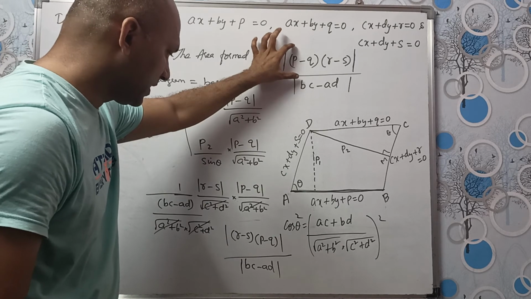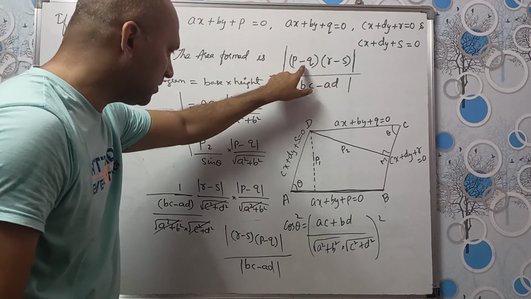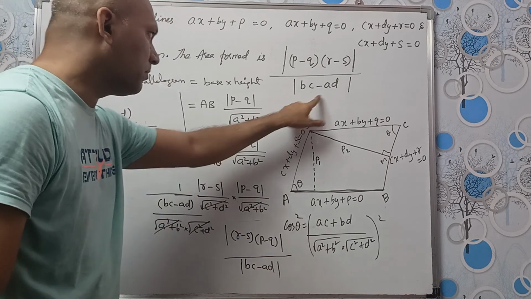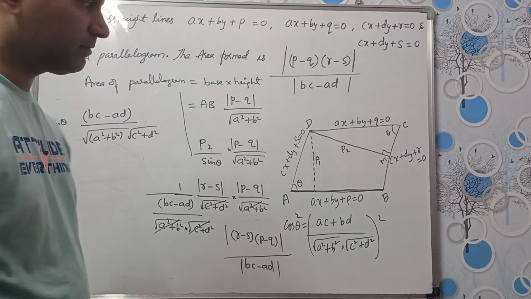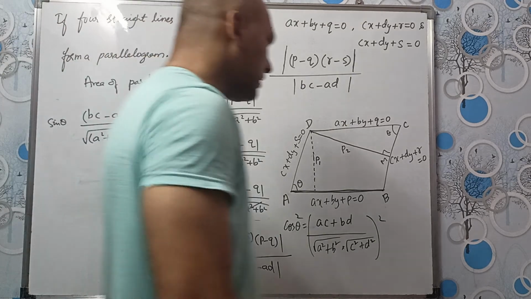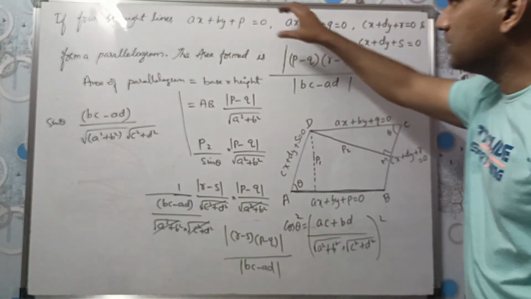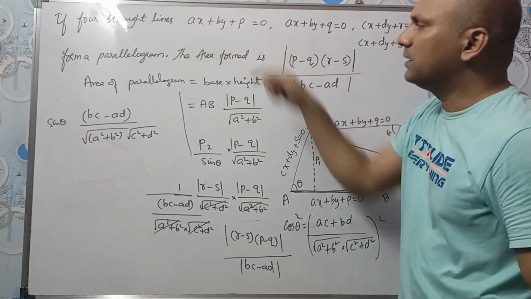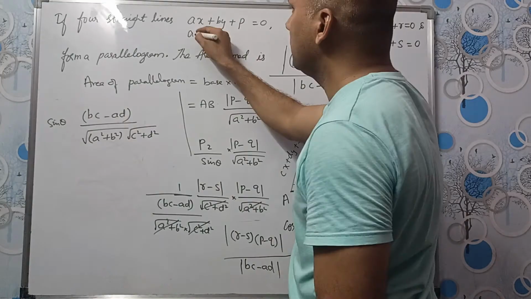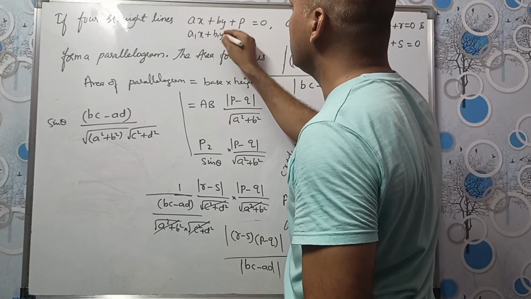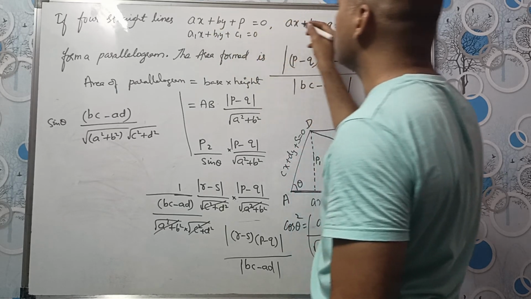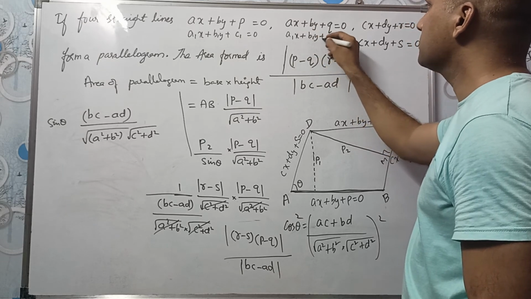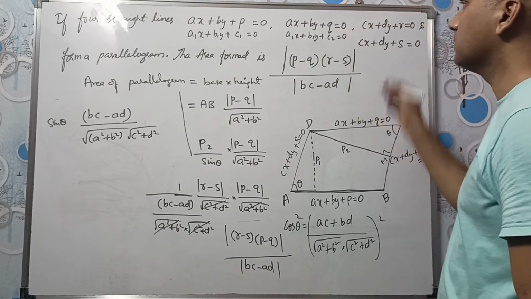So we have the same thing, r minus s, p minus q, divided by bc minus ad. I hope this is clear. In some books, these equations will be given in a different form. They'll write this as a1x plus b1y plus c1 equal to 0, and a1x plus b1y plus c2 is equal to 0.